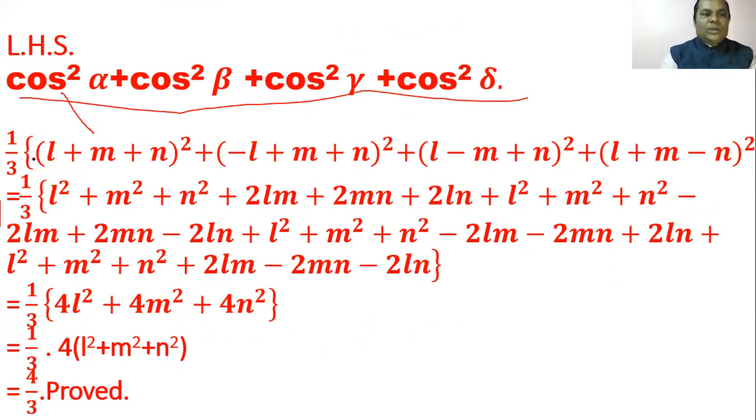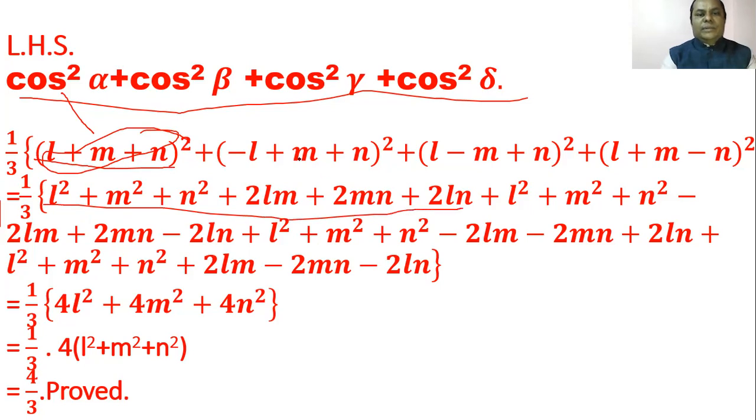So basically, you can use the (a plus b plus c) whole square formula here. Its formula is a square plus b square plus c square plus 2ab plus 2bc plus 2ca. This is a normal simple school level formula. Here also you can use the formula a square plus b square plus c square, and minus 2ab, because here it is minus, while plus 2ab was there.